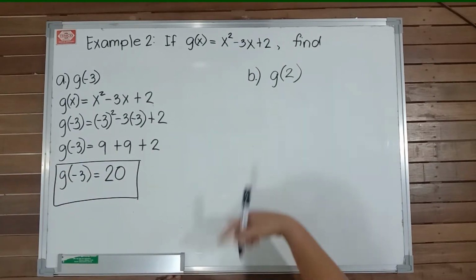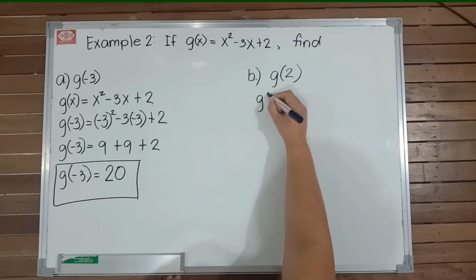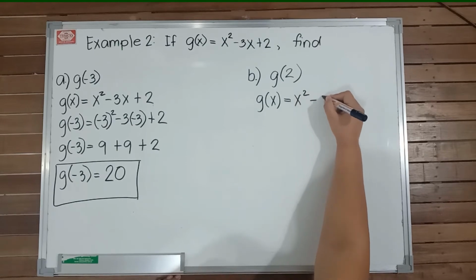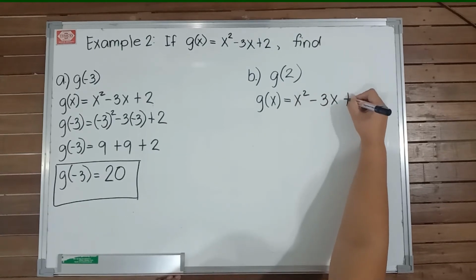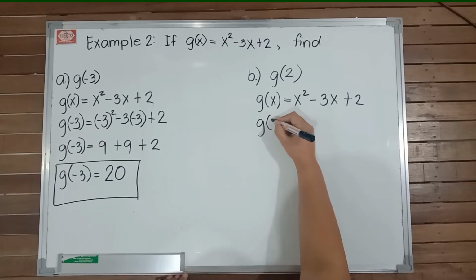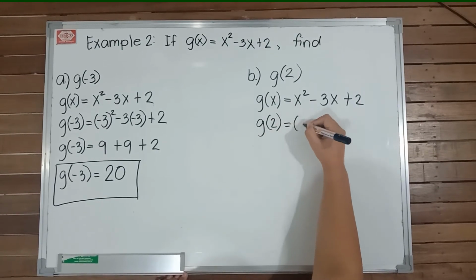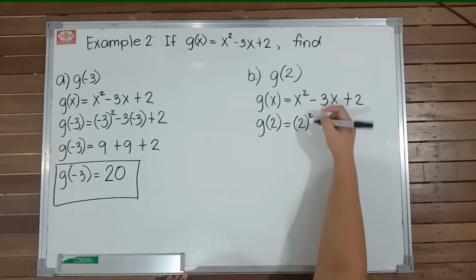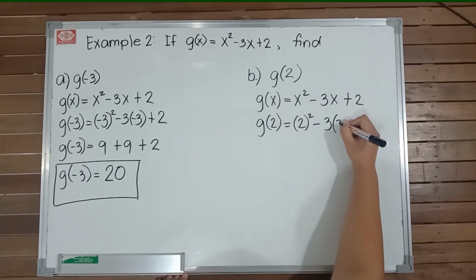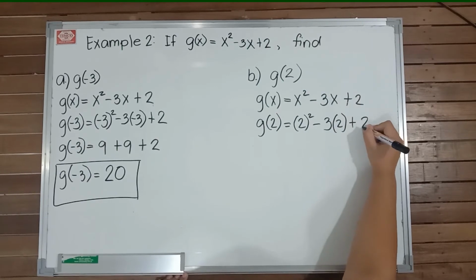Next, g of 2. So we will just rewrite the function which is g of x is equal to x squared minus 3x plus 2. So in place of x, we will just write 2. So g of 2 is equal to 2 squared minus 3 times 2 plus 2.